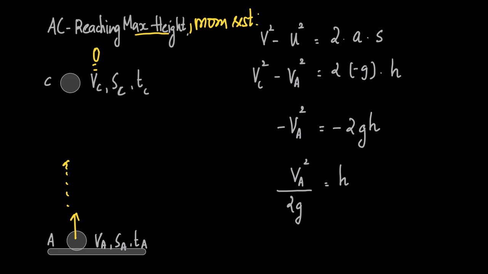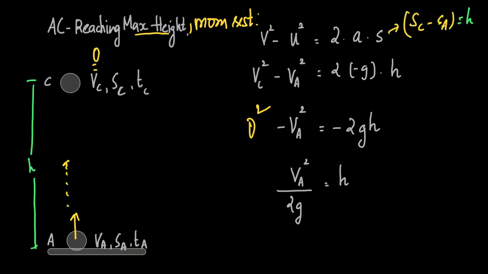Applying V squared minus U squared is 2as, Vc is 0, which means we have 0 squared minus VA squared is 2 into minus G into S. What is S? This S is actually equal to SC minus SA, which is equal to this height, the complete height, H. So we get VA square is equal to 2GH, or H is equal to VA square by 2G.